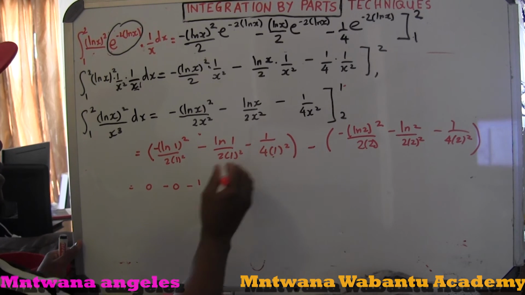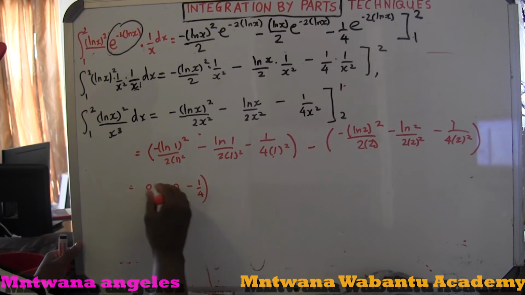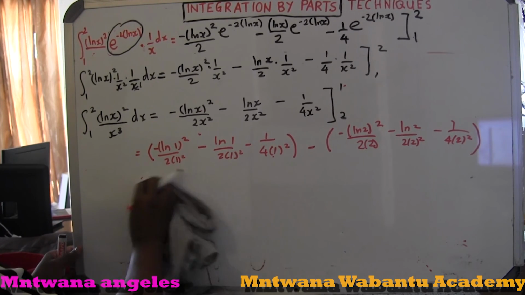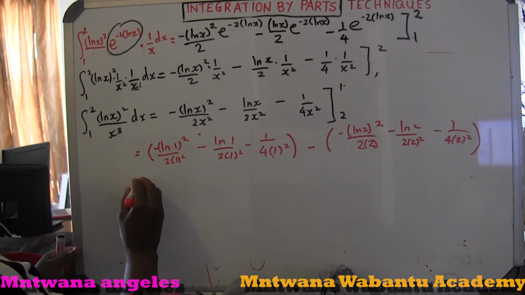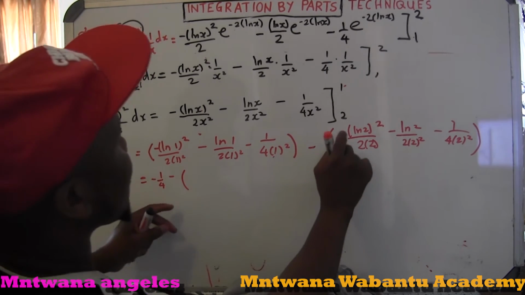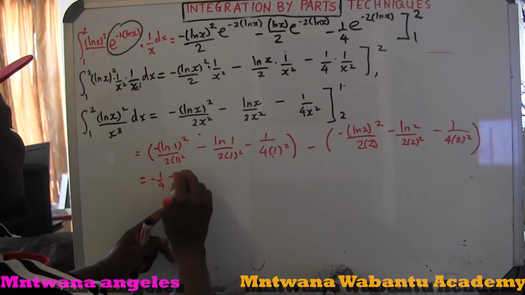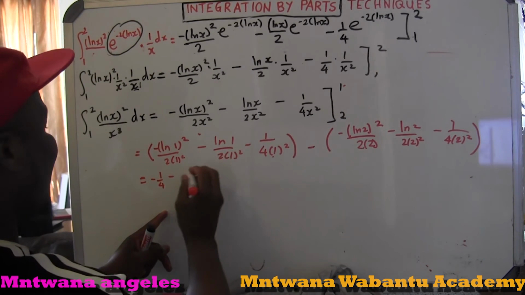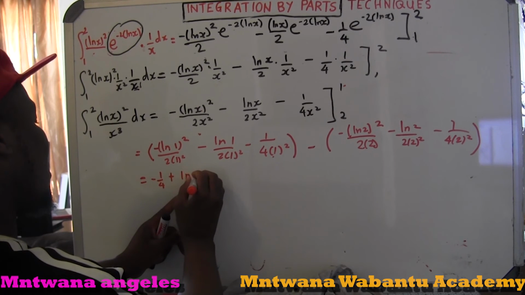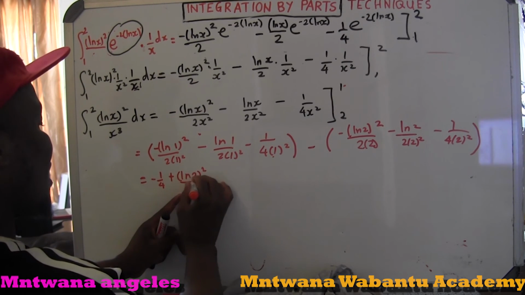4 times 1 is 4. So all this stuff here is negative 1 over 4. So I can just write negative 1 over 4. Now minus, and minus equals plus, so let me just open everything. Plus, 2 times 2 equals 4, so it's ln of 2 squared over 4.